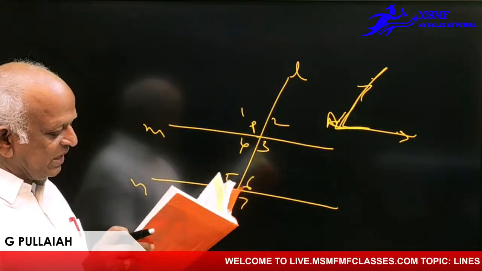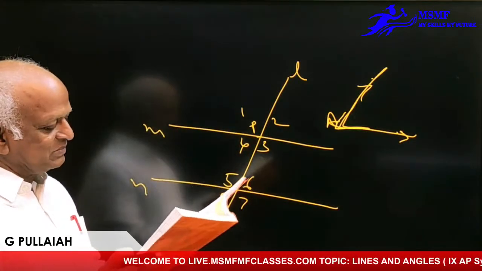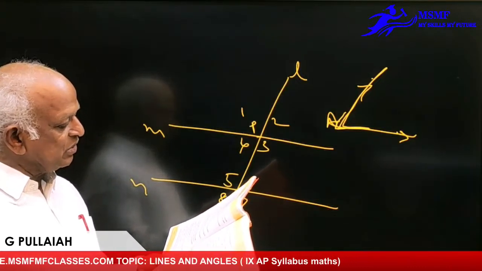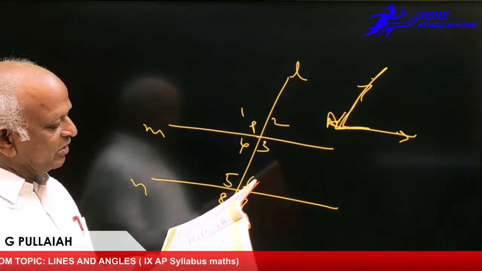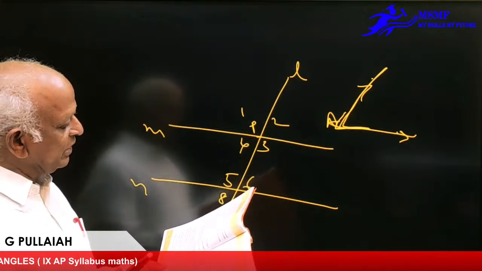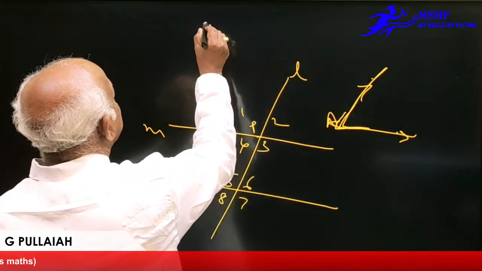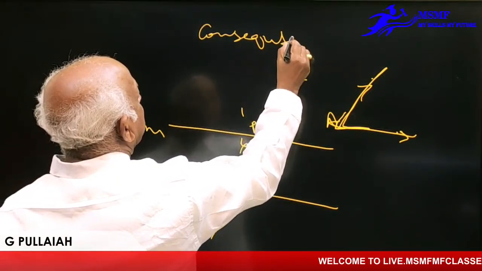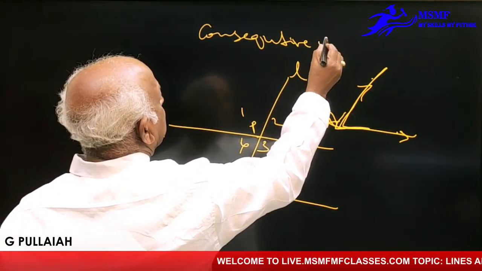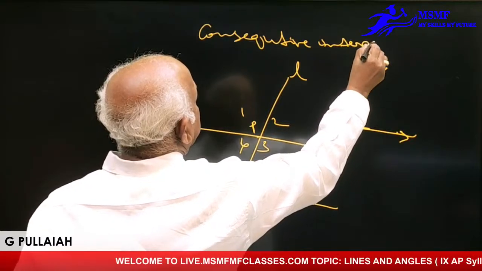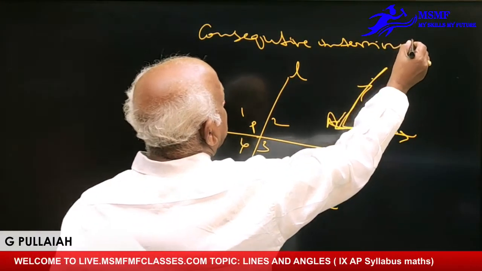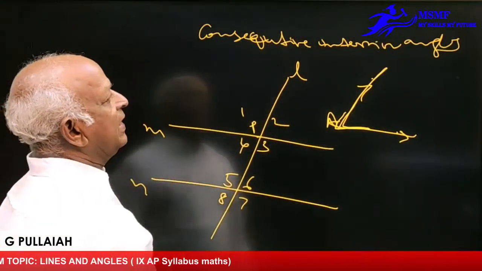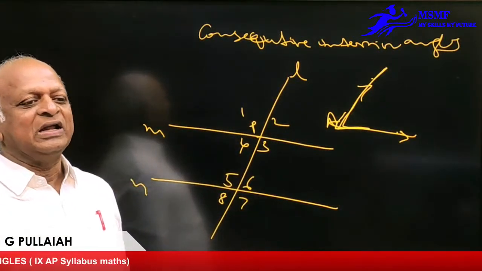And so these angles which are on the same side of the transversal and which are also interior, we call them the consecutive interior angles. Those are consecutive interior angles.